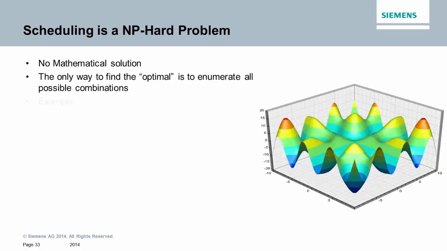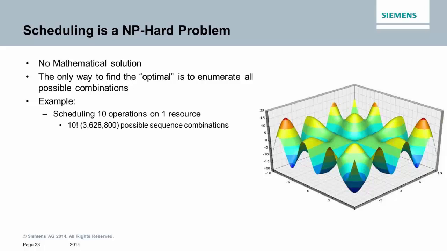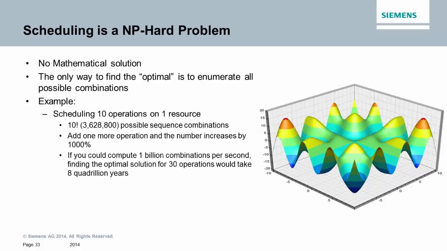If you were to try to enumerate all the possible combinations, it becomes too numerous. For example, 10 operations on just one resource, you would have over 3 million possible combinations. If you had one more operation, the number of combinations increases by 1,000%. So if you can compute 1 billion combinations per second, finding the optimal solution for 30 operations would take 8 quadrillion years.